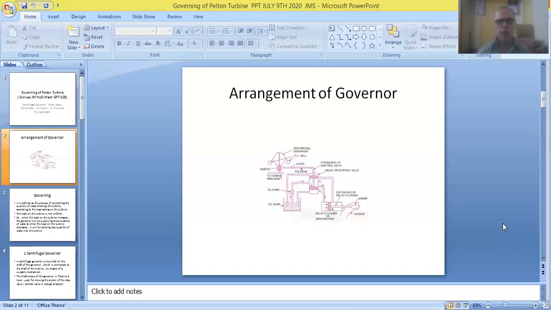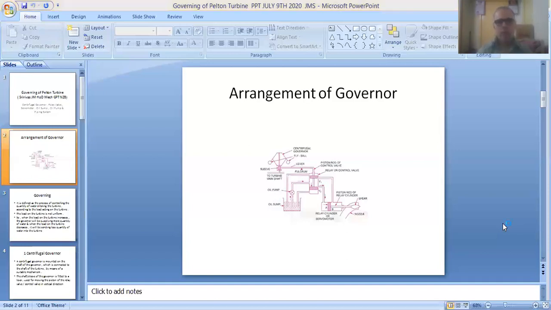It will be moving in upward and downward directions. And as informed earlier, this piston is connected to the lever that is attached to the governor. So this is the arrangement of the vertical cylinder, which is called a relay valve, or also referred to as a control valve.